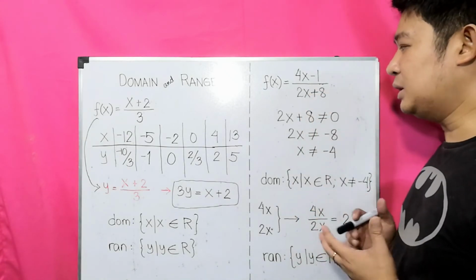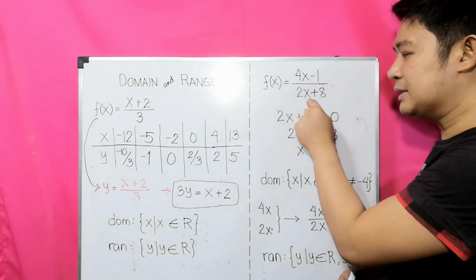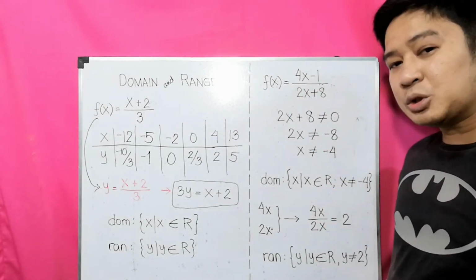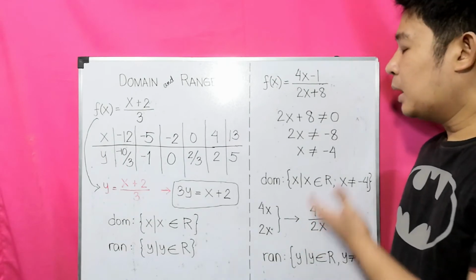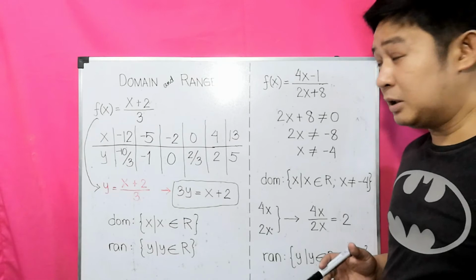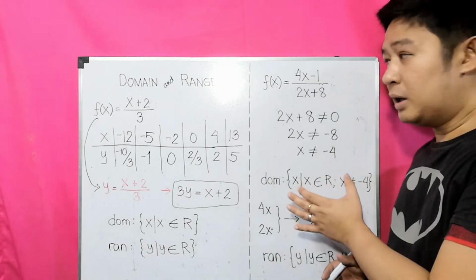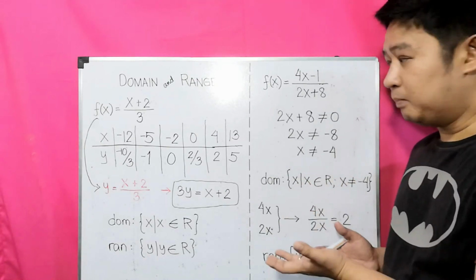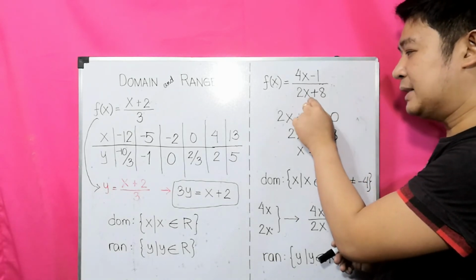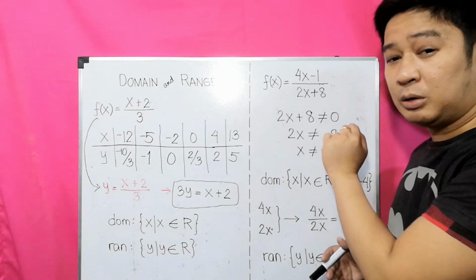But our concern here is the value of x in the denominator. Since we have a fraction, we need to avoid the denominator becoming 0, because this will make our function undefined. So we must not have a value for x that will make this denominator equal to 0.